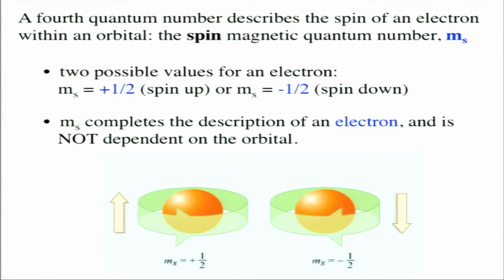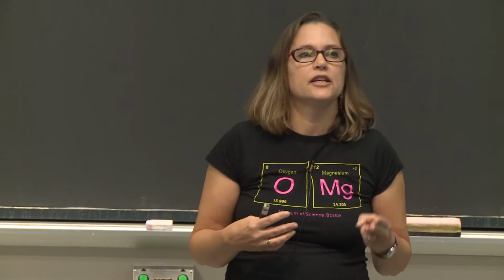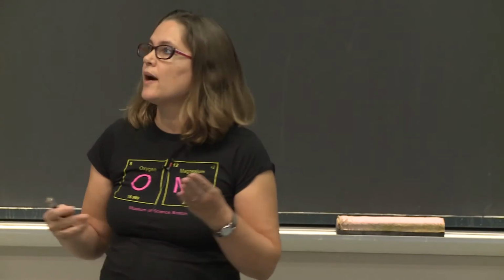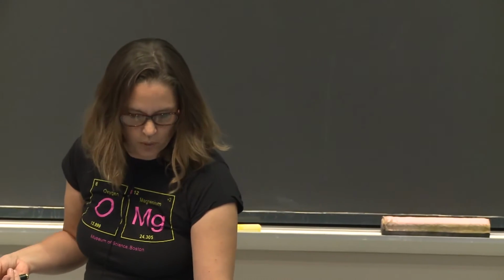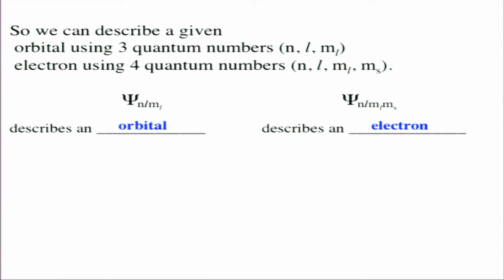So this ms term, this spin magnetic quantum number, completes the description of the electron, but it's not dependent on the orbital. To describe an orbital completely, you only need 3 quantum numbers, but to describe the electron, you need 4. And that is shown again here on this slide. You need 3 quantum numbers.